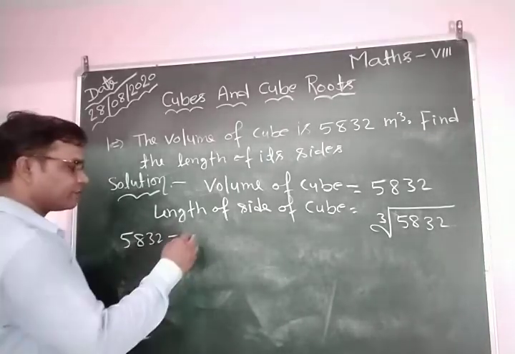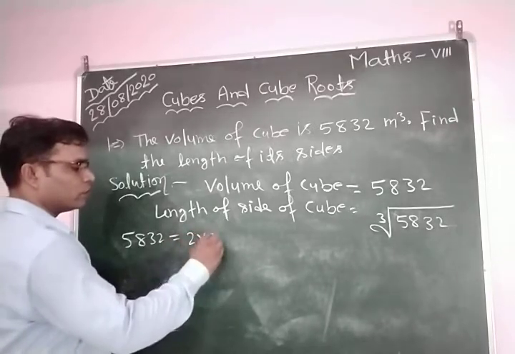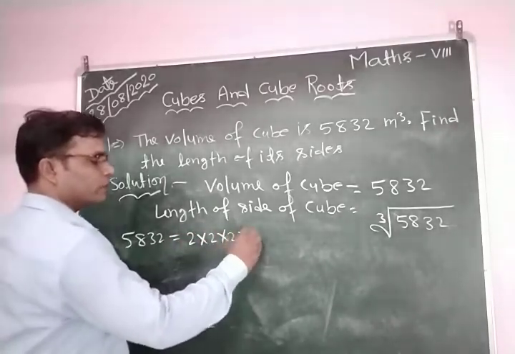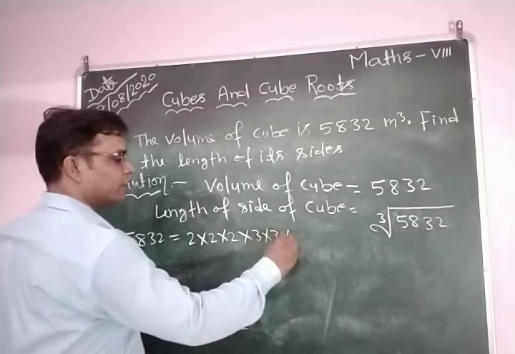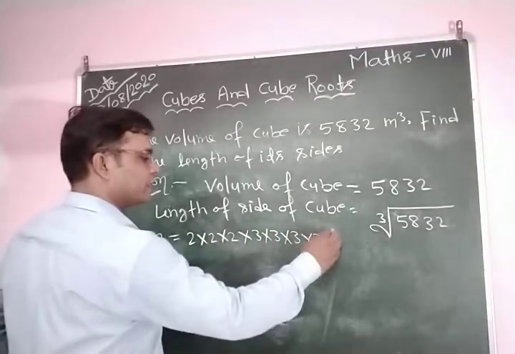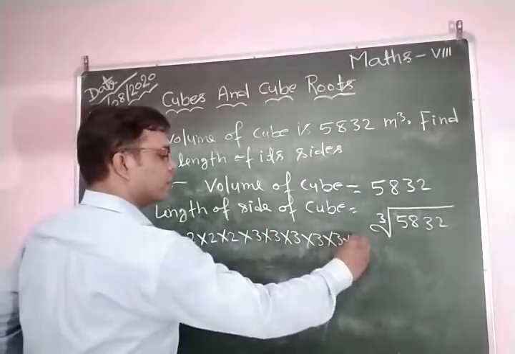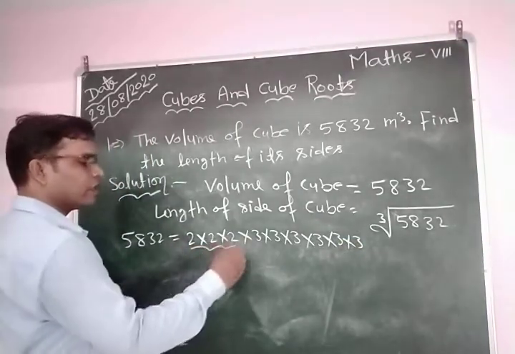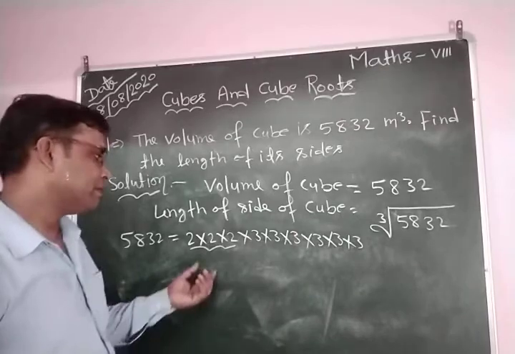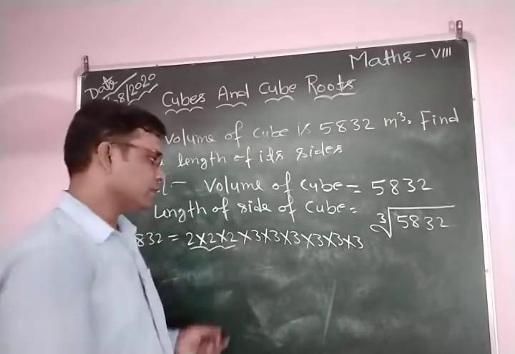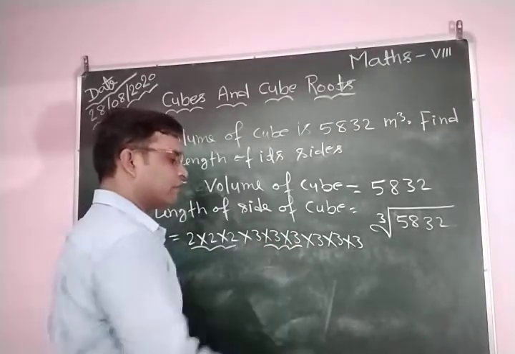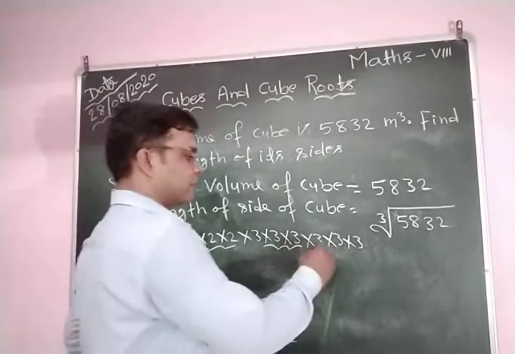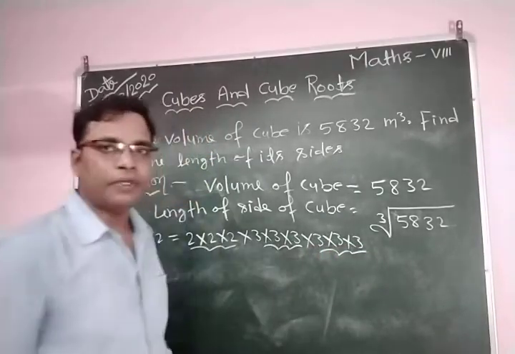This is equal to 2 into 2 into 2 into 3 into 3 into 3 into 3 into 3 into 3. Okay, so you can see here this is a group triplet of prime number 2, this is a group triplet of prime number 3, and this is a group triplet of prime number 3.